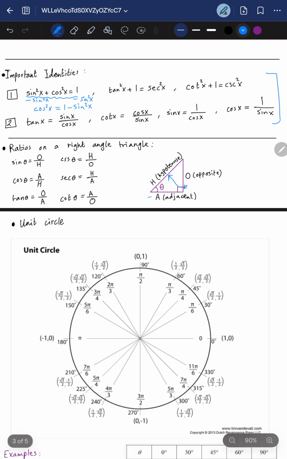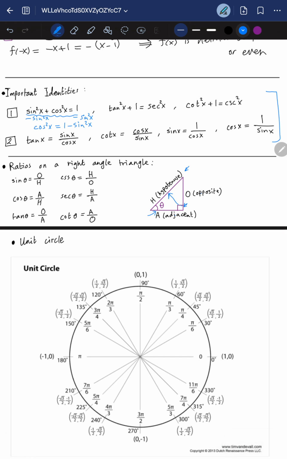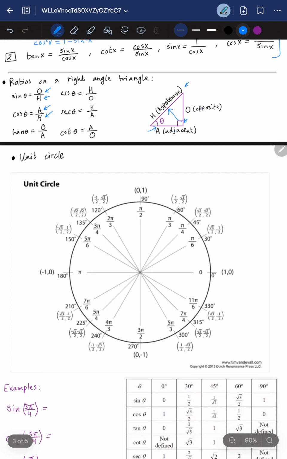So if you have an angle theta in that triangle, you have an adjacent, opposite, and a hypotenuse, you can find the values of sine of theta, cosine of theta, and so on using these sides. So for example, sine of theta is just the opposite side over the hypotenuse. Cosine is the adjacent over the hypotenuse, and so on.